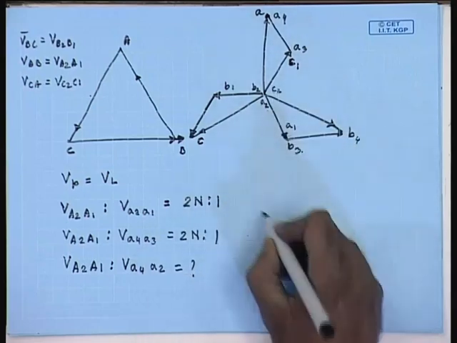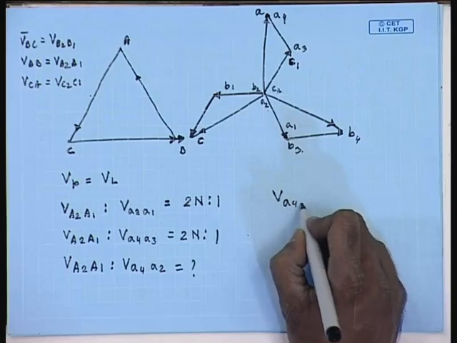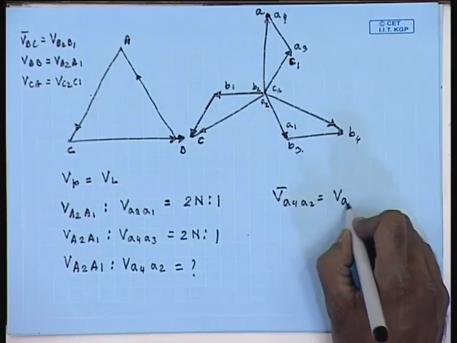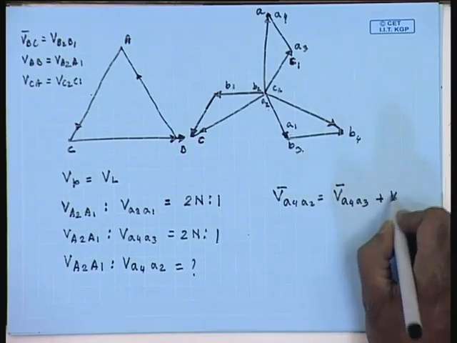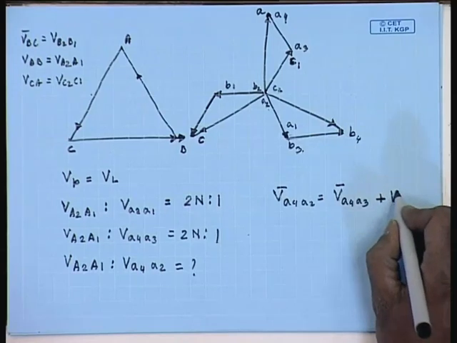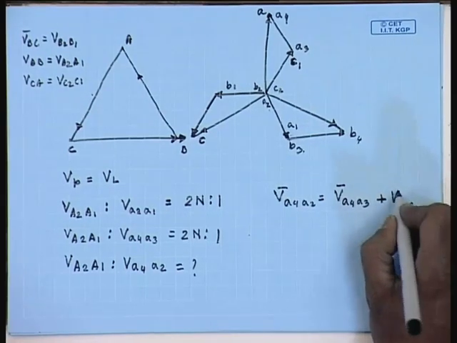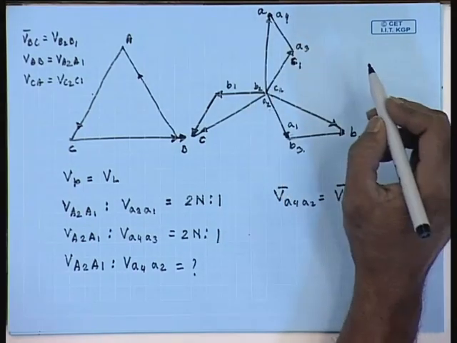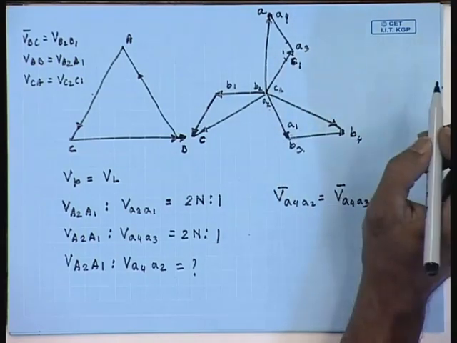but from this phasor diagram V A4 A2 equal to V A4 A3 plus V C1 C2, but the magnitude of V C1 C2 and V C3 C4 are the same, and this angle is 120 degree.